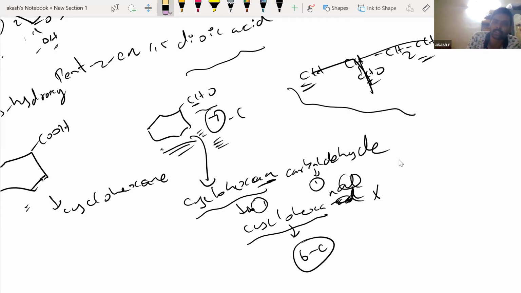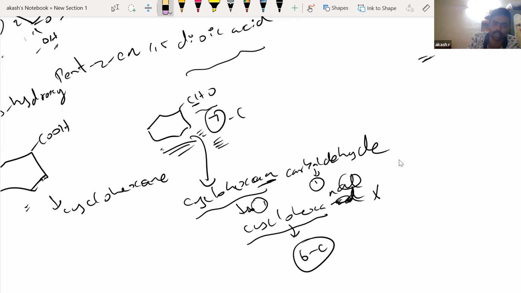Anybody remembers what is the name of this compound? How do you name this? Again, you have to use carbaldehyde here, obviously, to overcome the problem which I told you. Okay, I don't know.